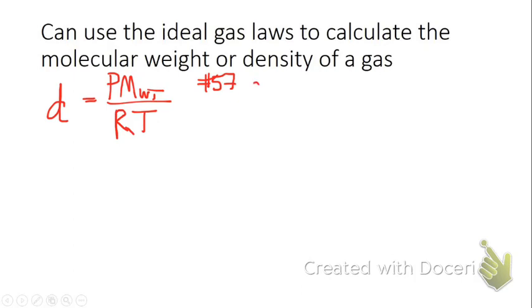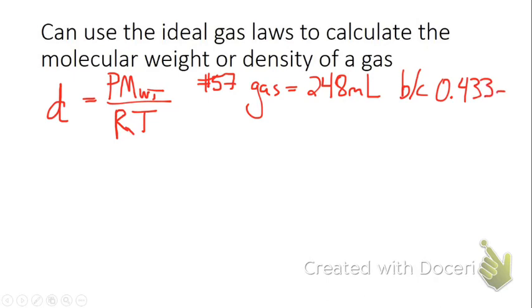And so you have the gas. So we know that the volume is 248 mils. And we know we got that 248 mils because we had 0.433 grams.